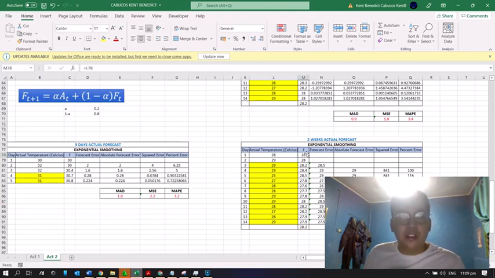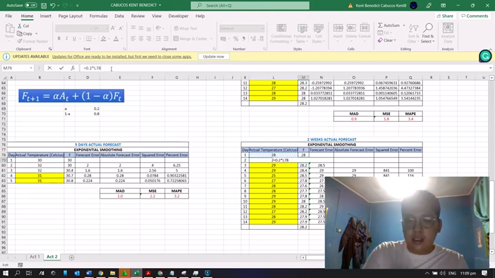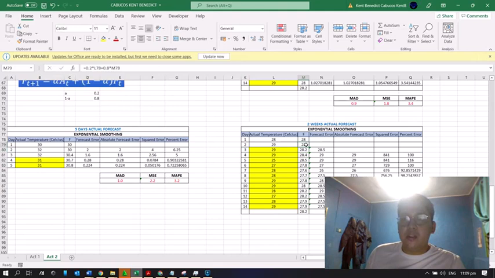First, we're just going to copy the first actual, and after that we're going to use the formula: our alpha 0.2 times the actual temperature, the 28, plus our 1 minus alpha, the 0.8, times our forecast. So we have a 28. So we're just going to copy this.